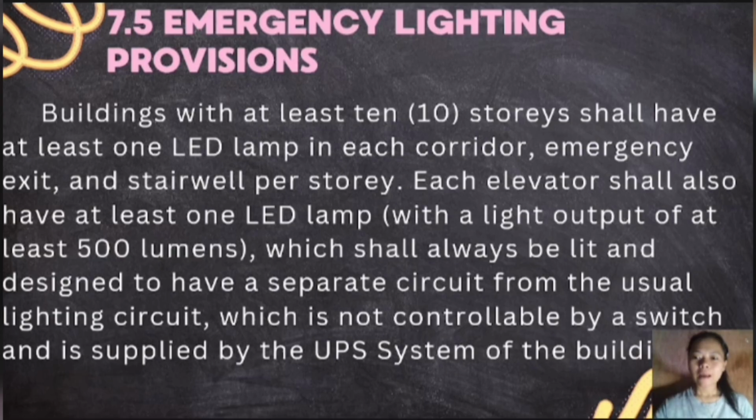These emergency lights must be powered by a separate circuit with generators or uninterrupted power system of the building. This should turn on automatically during power failure and must be tested on a regular basis. Tall buildings must have reliable backup to ensure safety.